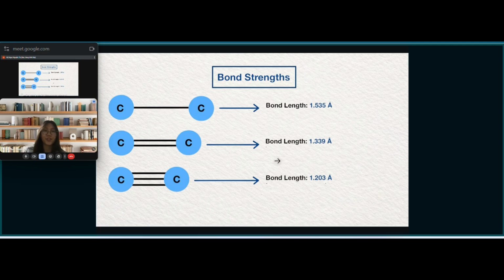So I have questions for you. The first one is to predict the change of these types of bonds. And the second one is to predict the bond energy among the three bonds.